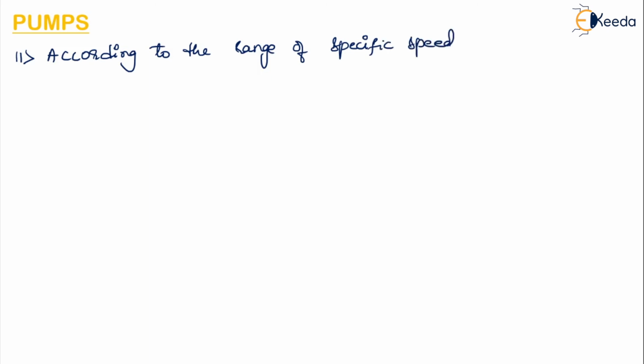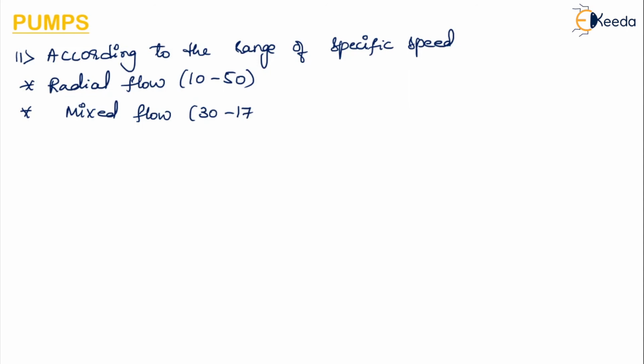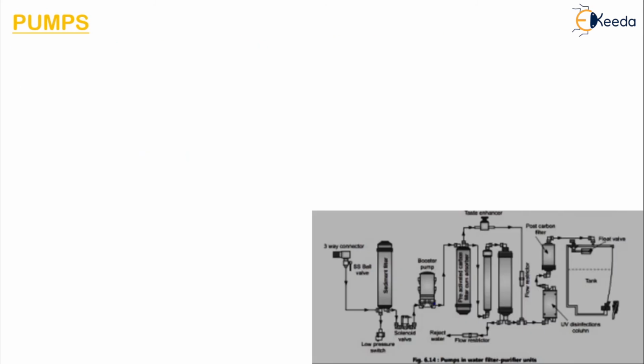So they are classified as radial flow, 10 to 50, then mixed flow 30 to 170, and axial flow 100 to 460. Okay, so this is the classification of the centrifugal pumps. Now we will see the mechanical efficiency of a pump.